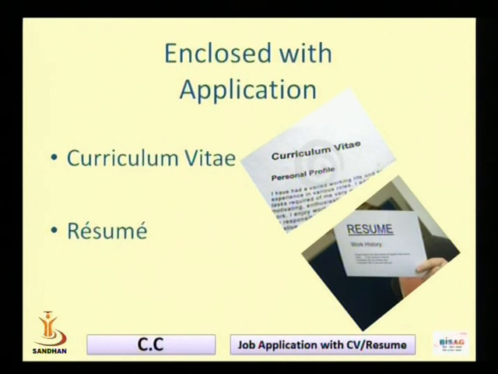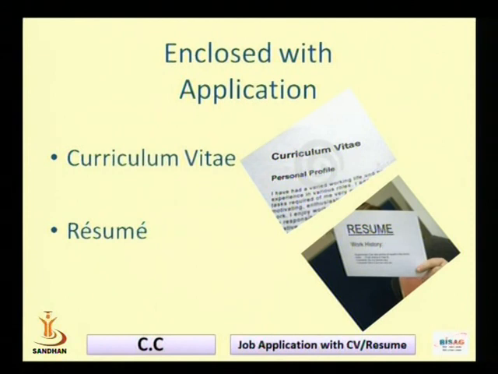So from here we will try to find out what is a CV, what are the characteristics of a CV, what are the things which have to be kept in mind when you prepare a CV, and how to write it. Now, this is something which is enclosed with an application. There are two words, CV and resume.